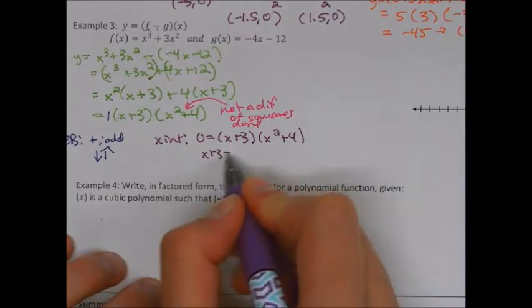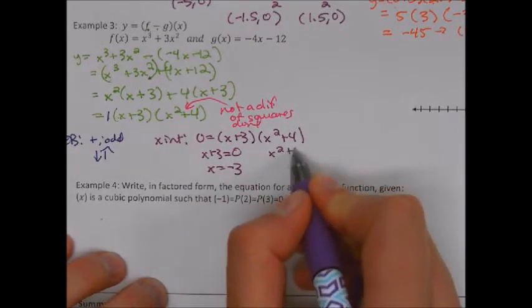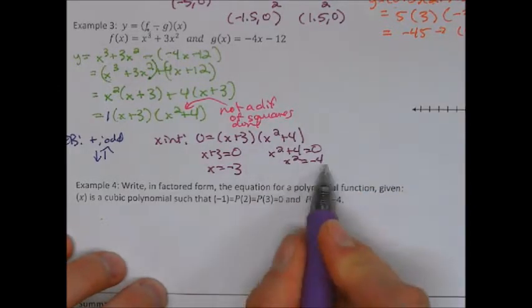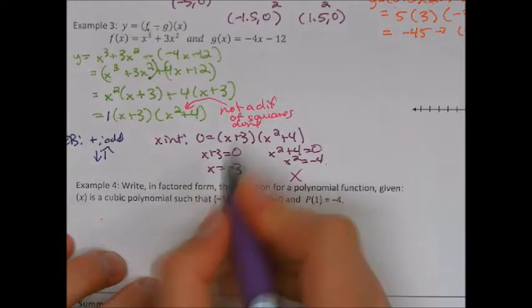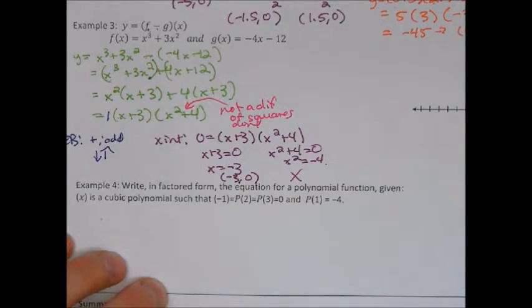So I have x plus 3 equals 0, so x equals negative 3. X squared plus 4 equals 0, x squared equals negative 4. Can I take the square root here? Nope, so we have nothing here. This gives me negative 3, comma 0.